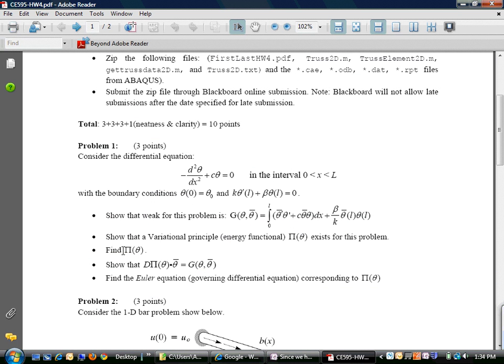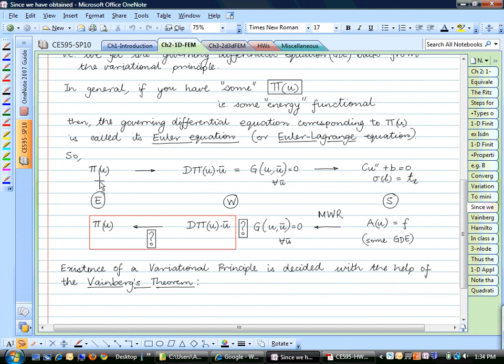Okay, and after you're done finding pi, then you're trying to go back. So this is the next step. So if you have a pi and you take the directional derivative in the direction of some virtual displacement, what we are doing, going from here to here, is basically minimizing our potential energy.